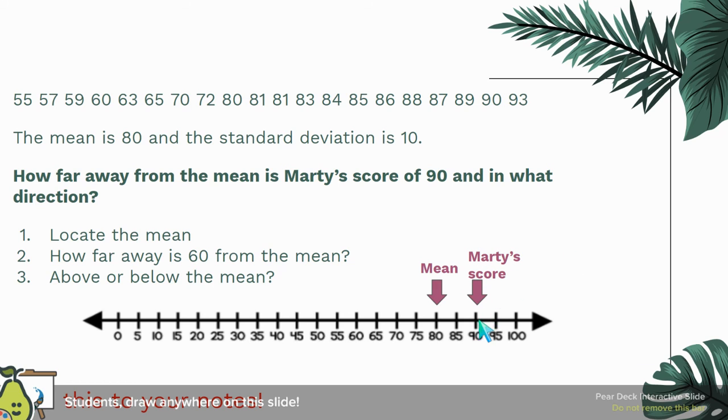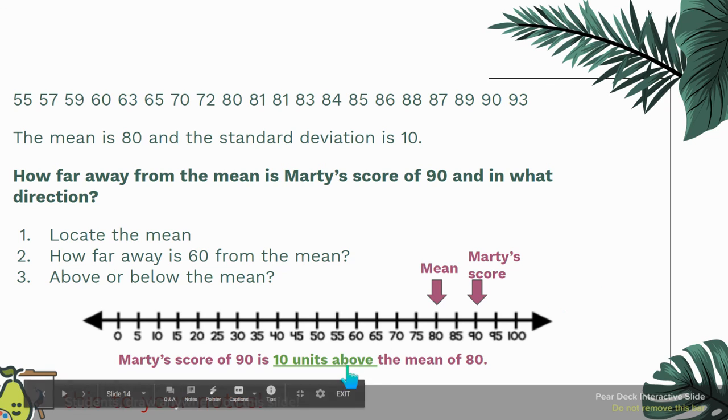Marty's score, which is 90, so cross this out, this should be 90. So how far away is 90 from the mean? Marty's score of 90 is 10 units above the mean.